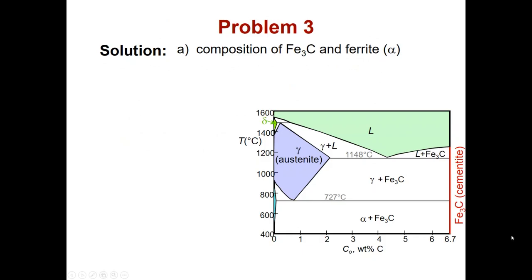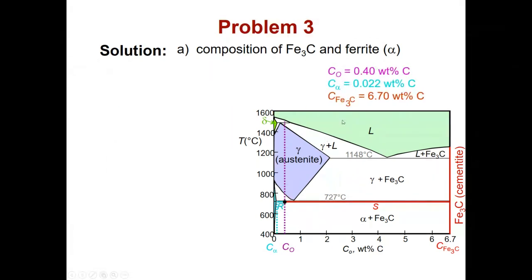We don't need to extend it to 100% of carbon because there is no industrial use of any more carbon content. This is the only portion that is needed, which is just the portion of the complete iron carbon phase diagram. Okay, now we want to see what is the composition of cementite and ferrite.